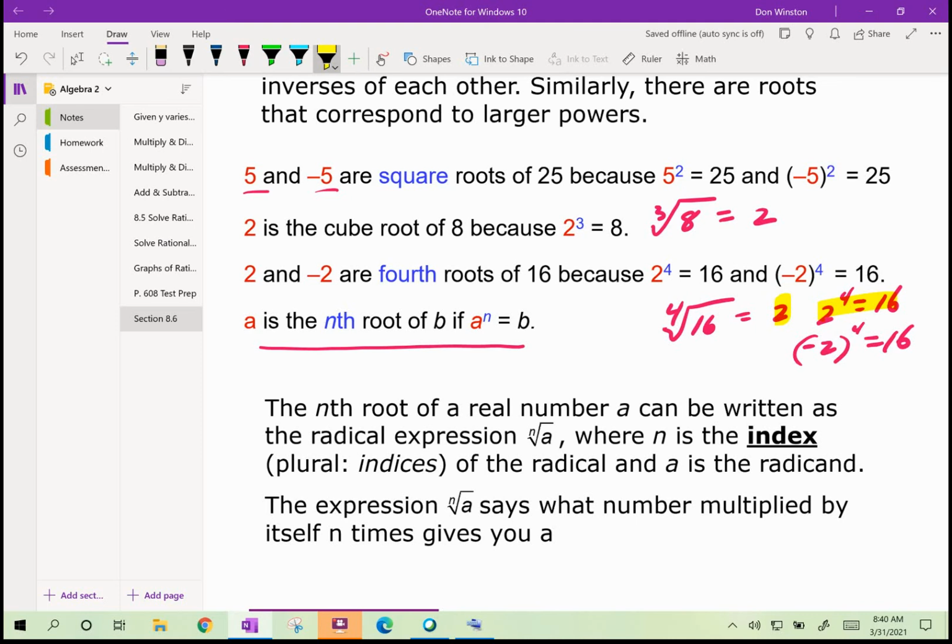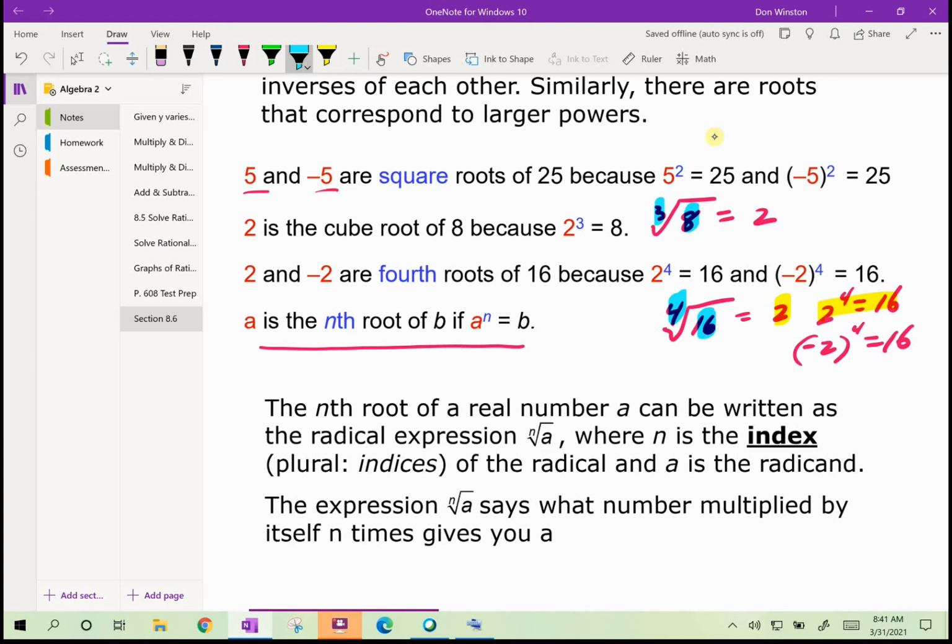So in this example here, n was equal to 4, so that was the index. And A, 16, was the radicand. So the fourth root of 16 equals 2 because 2 to the fourth equals 16. Here the index was 3. The radicand was 8. So we're taking the cube root of 8 is equal to 2.